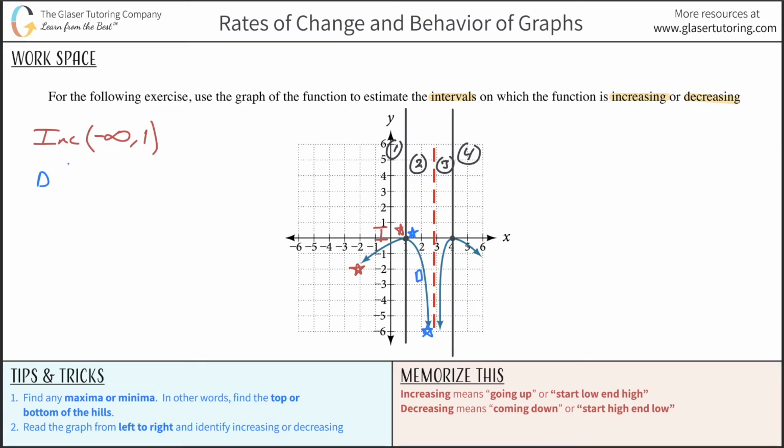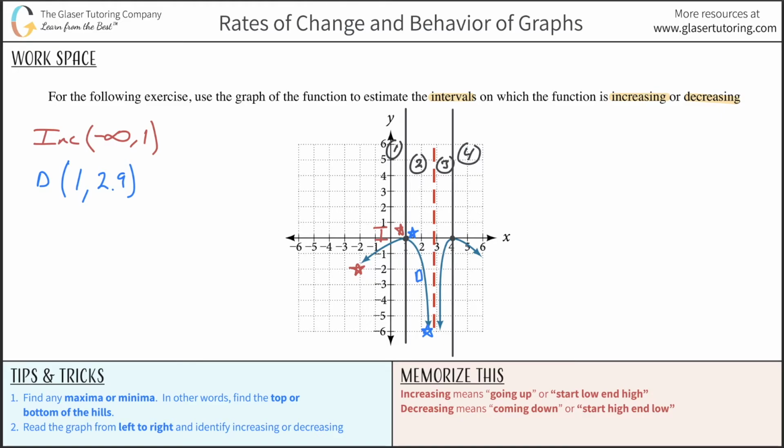So what's the interval? Well, we already said that this is about 1, so it's going to go from 1 all the way up until now. It goes all the way down forever, but it will never reach the x value of, it looks like about 2.9 to me. You can write 3, I don't care, but I'm going to put about 2.9. It definitely is clearly not at 3, but whatever.